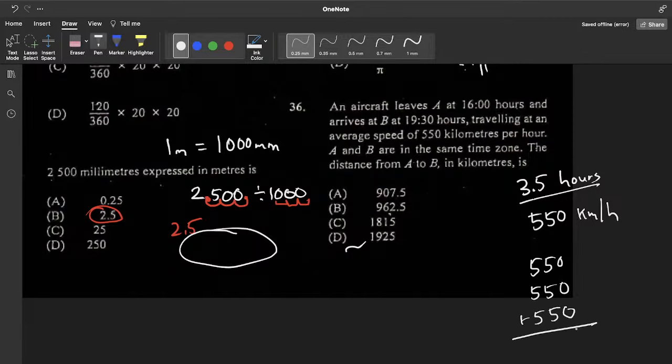So 0 plus 0 plus 0 is 0. 5 plus 5 plus 5 is 15. Now 5 plus 5 plus 5 is 15 plus 1 is 16. So we have 1,650 as the first 3 hours.